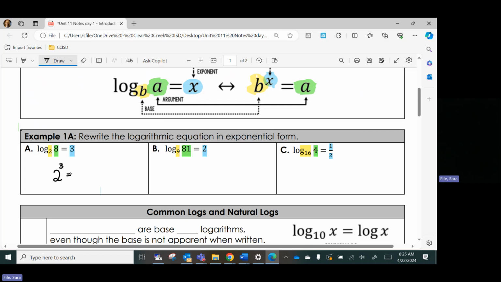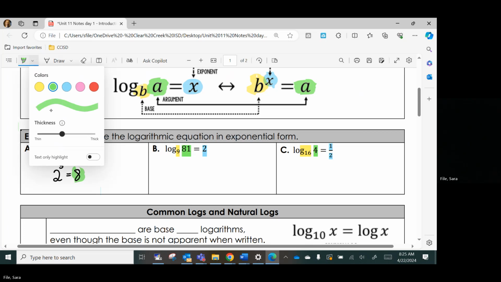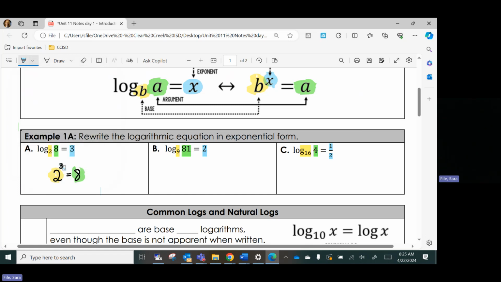And that will equal the argument, whatever we were taking the log of, in this case 8. The argument, the base, and the exponent. Y'all feel okay about how I converted that? So let's try it for the next one.